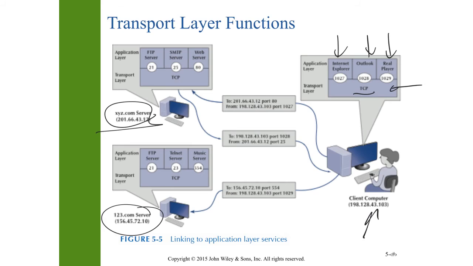So the client is opening the browser, the Internet Explorer browser, browsing the internet. It's checking its email, so it's probably connecting to an SMTP server through the email, and it's downloading your RealPlayer and probably playing music by browsing that music. And so it could be accessing more than one application at the same location or different locations.